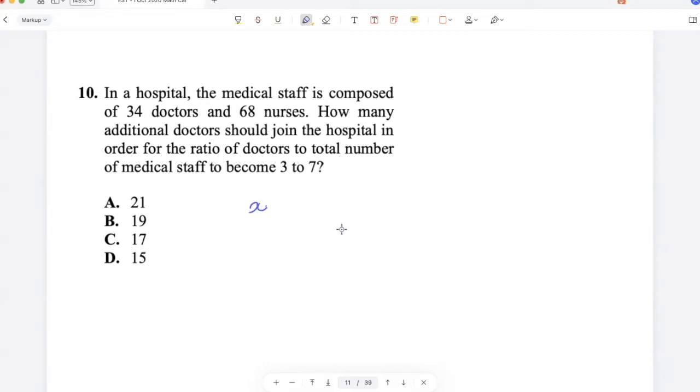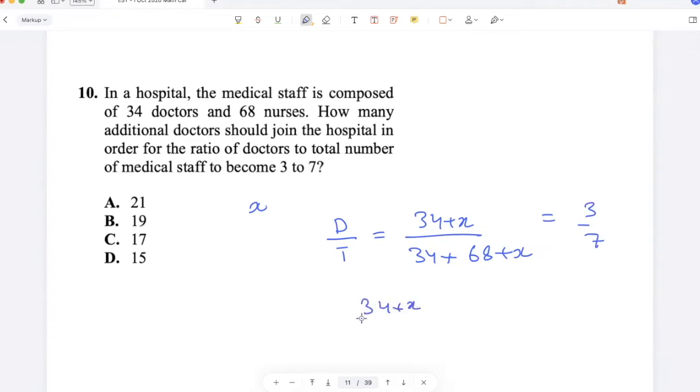So the doctors to total staff will be 34 plus X divided by 34 plus 68 plus X. And that should be 3 by 7. So that becomes 34 plus X divided by 102 plus X is 3 by 7.